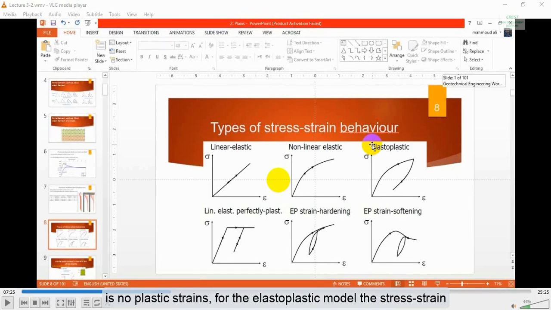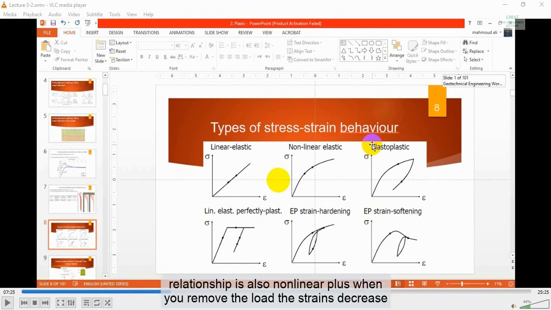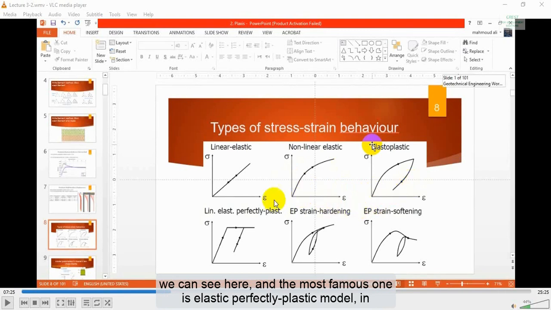For the elastoplastic model, the stress-strain relationship is also nonlinear. Plus, when you remove the load, the strains decrease, but they never go back to zero due to the presence of some plastic deformations, as we can see here. And the most famous one is the elastic perfectly plastic model.